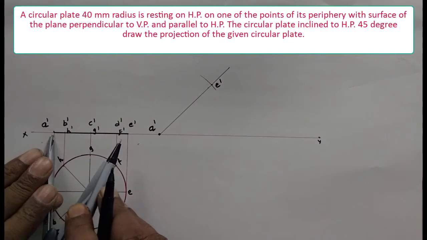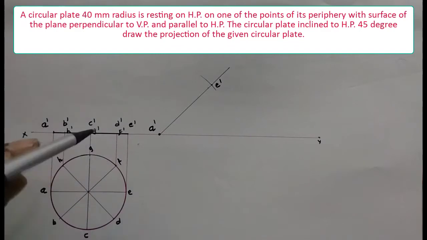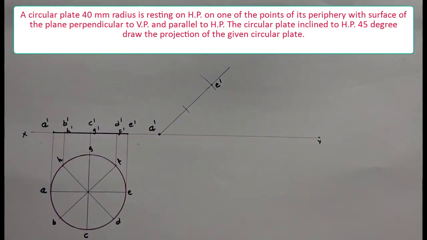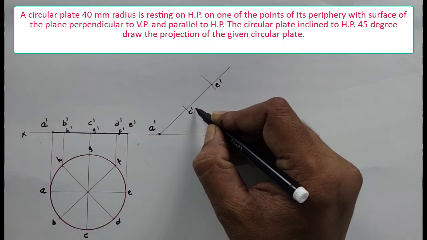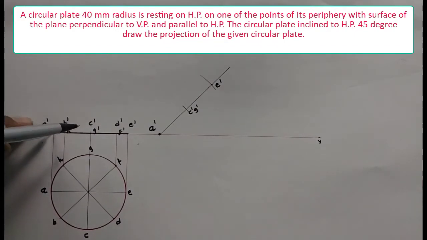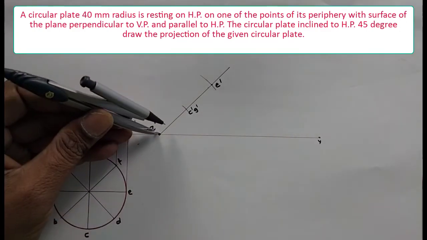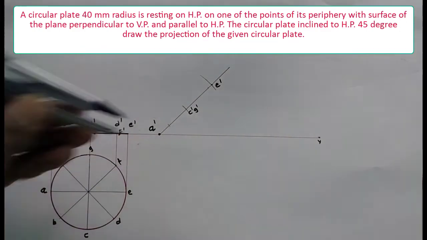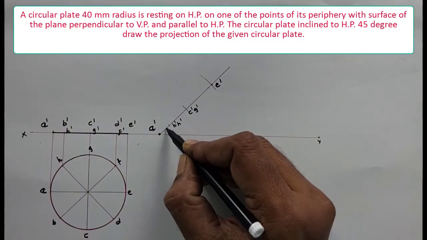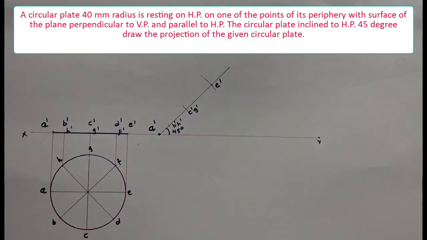Similarly, I mark the other points. For that we choose the radius A dash to C dash, center A dash, I draw the arc. So it is our C dash, G dash. Then you can take A dash to B dash, center A dash, you can draw the arc. So you have the B dash, H dash. Your surface is inclined to HP at 45 degrees.